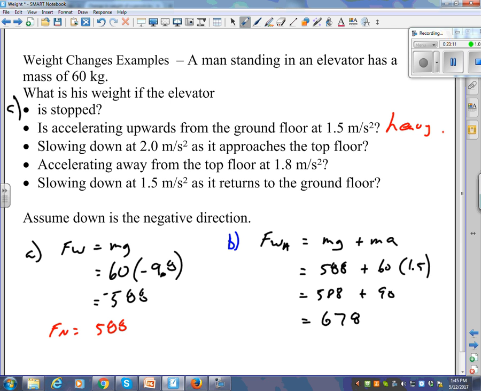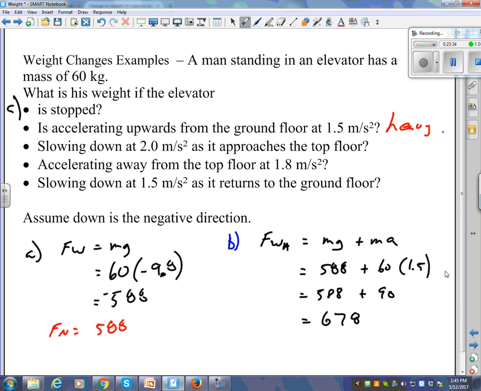Okay, now stop and think. The 1.5, what is the direction of it? Stay with me here. Tough stuff. You guys got to stay with me. You can't jump on and off the bus and expect to get to the same destination. Stay on the bus. The 1.5 is the acceleration. That is up, right?